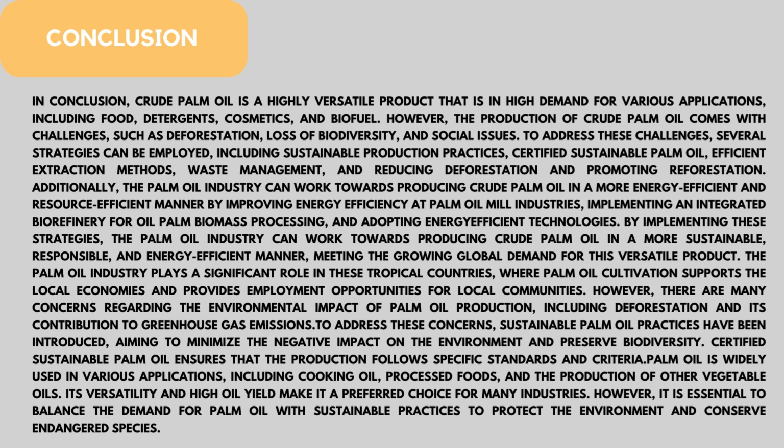The industry can also improve energy efficiency at palm oil mill, implement integrated biorefineries for biomass processing, and adopt energy efficient technology to produce crude palm oil more sustainably and responsibly.